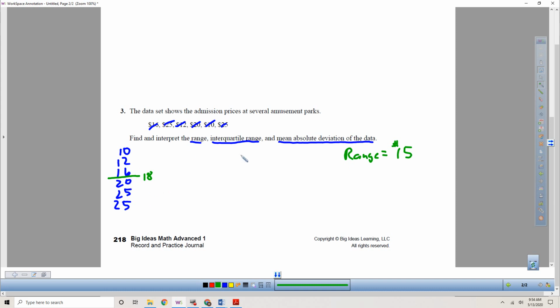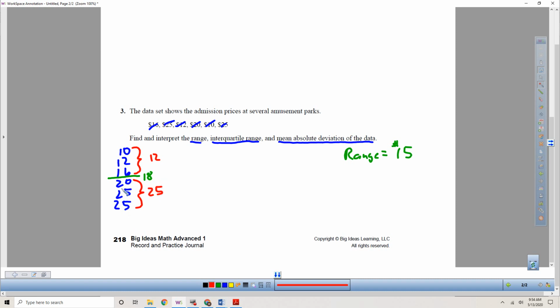And then for our interquartile range, we have to find our first quartile and our third quartile. This is pretty easy because there's an odd number in each of these. So for our quartiles, you're just finding the median, or the middle number, of the lower half, which is going to be 12. The median of the upper half, that's our third quartile, would be 25.